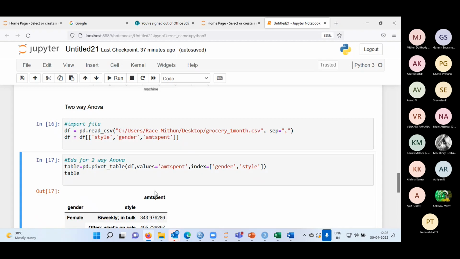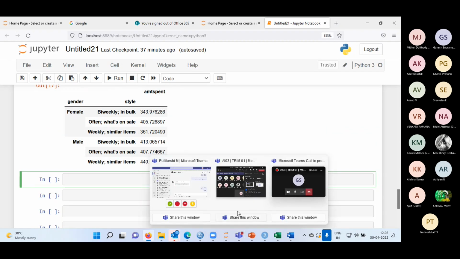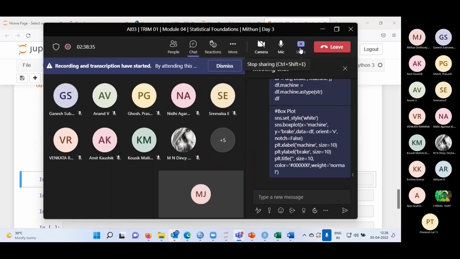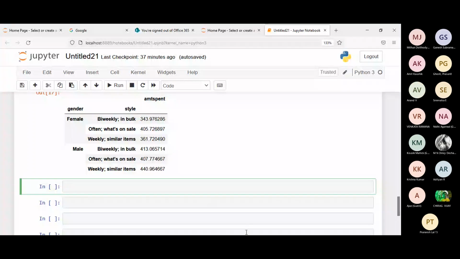So, okay, let's quickly run the 2-way ANOVA. So we can visualize this as well.